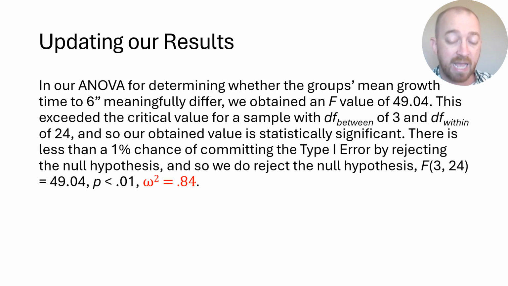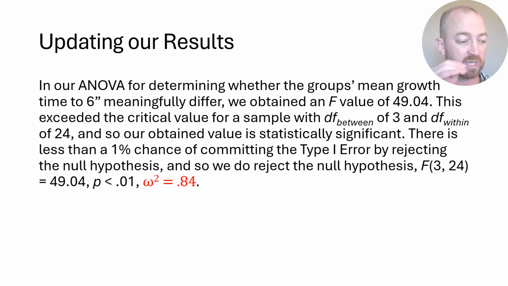All right, so now we can add to our overall interpretation. This is revisiting the interpretation that we had so far if you've been following these videos in sequence. We had an ANOVA where we had different amounts of fertilizer, the same fertilizer, but different amounts in different groups. And we had 4 different amounts of fertilizer. We used the same plants, and then we timed those plants to their growth, hitting a growth of 6 inches to see which ones got to that faster based on the amount of fertilizer.